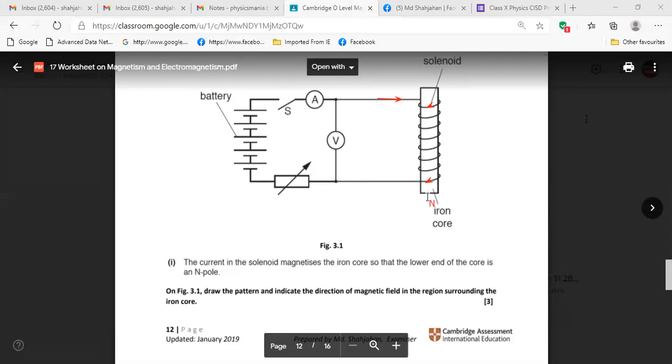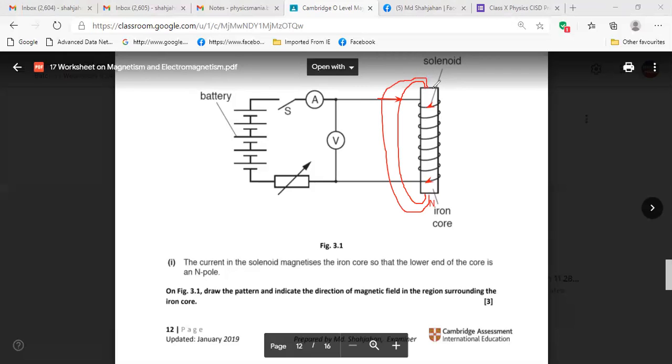So if you can find the north pole, you can draw the magnetic field lines, isn't it? Yes. Now your magnetic field lines will go from north to south this way, right? You draw at least four lines, left side two lines, right side also two lines. They should not cross each other.